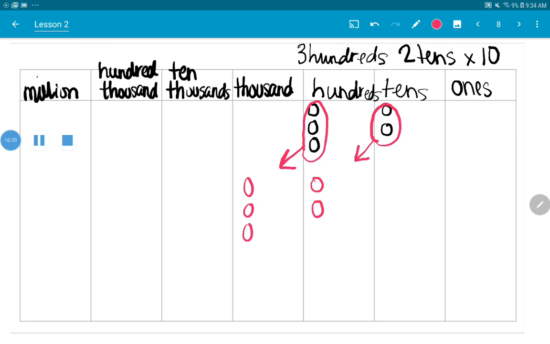So I have 3 thousands and 2 hundreds. How would I write that number in standard form, Caden? 3,200. Very good.